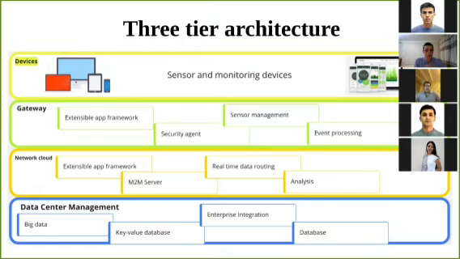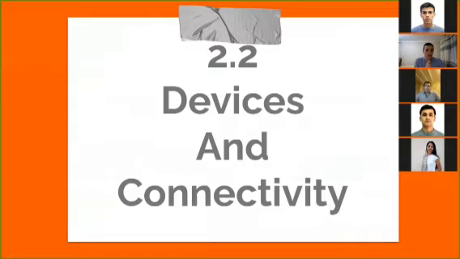All sensors are part of this tier architecture, and of course this tier includes a cloud service where all data is stored and processed or analyzed. Thank you. My partner will continue, go further.